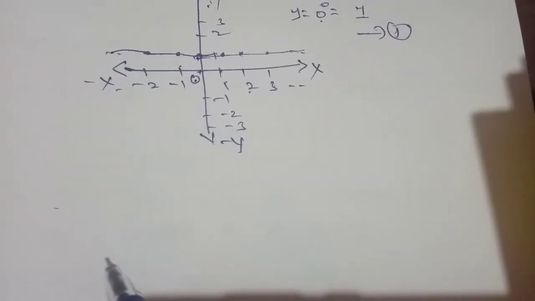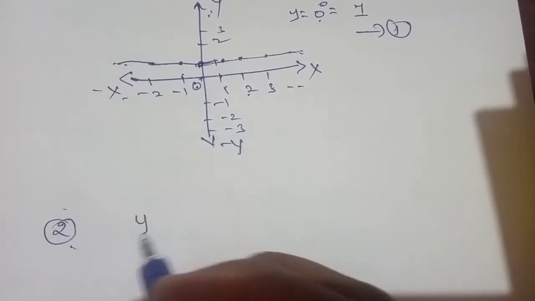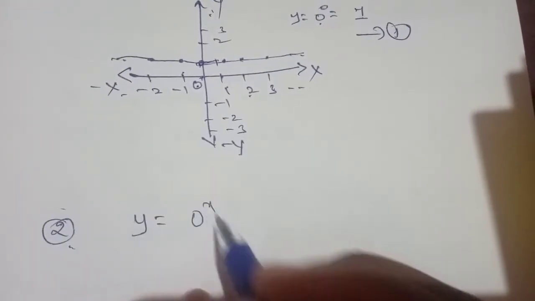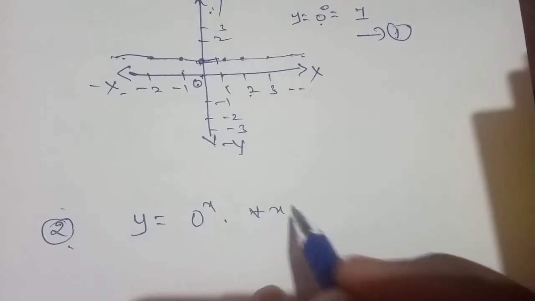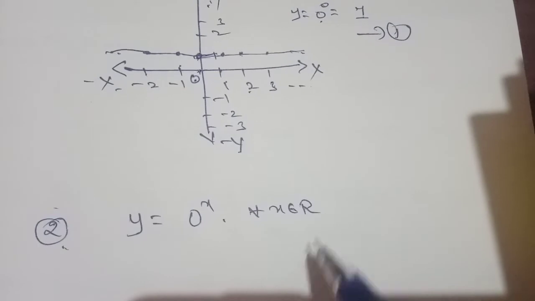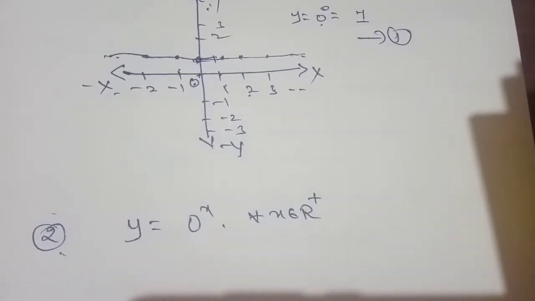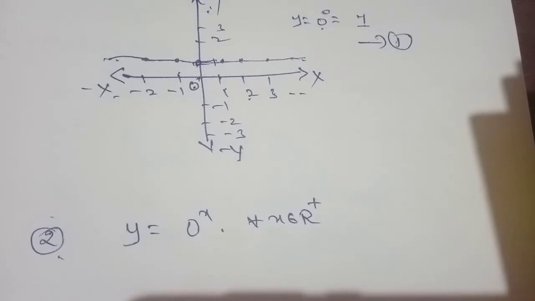In the second stage, I choose the function y is equal to 0 power x for all x belongs to R. Sorry, for all x belongs to R plus. Why do I choose R plus? Let us see.